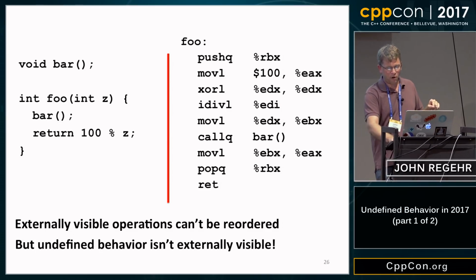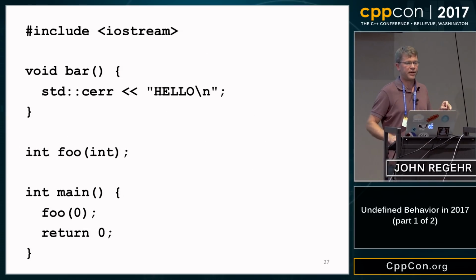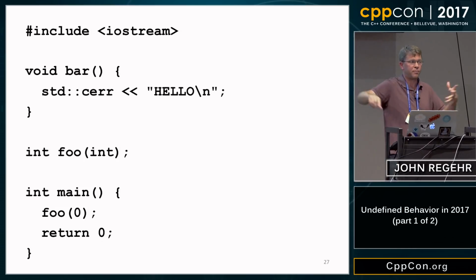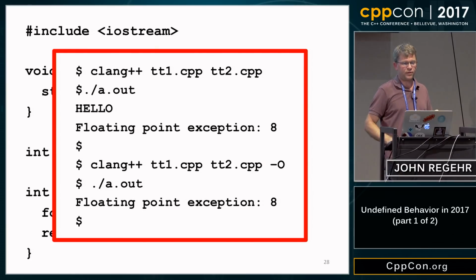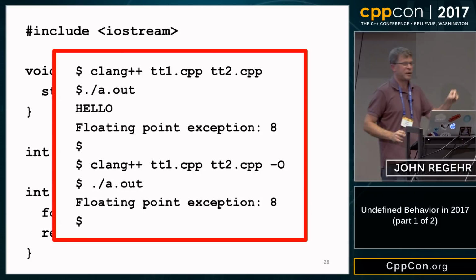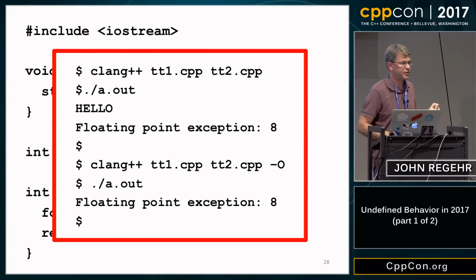So if we take this program and we generate kind of the obvious wrapper for it, we're going to call foo with 0, and we're going to provide an implementation of bar that prints something. This is what happens, right? You call Clang without optimizations, and you run the program, and it prints hello and then terminates from a divide by 0.